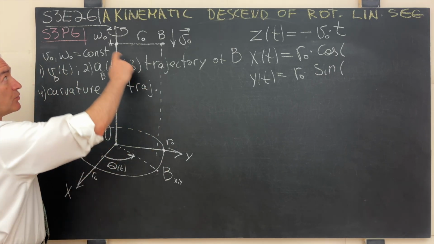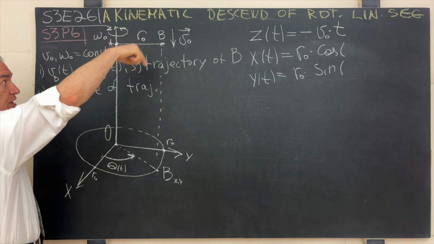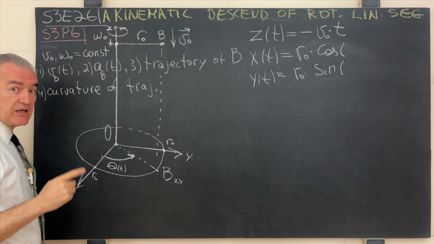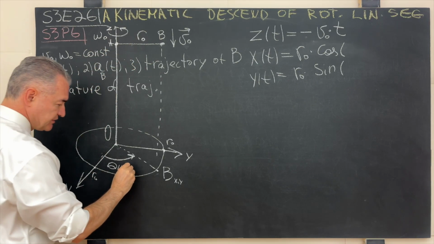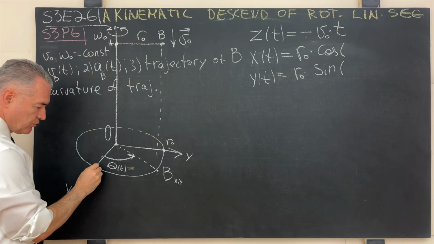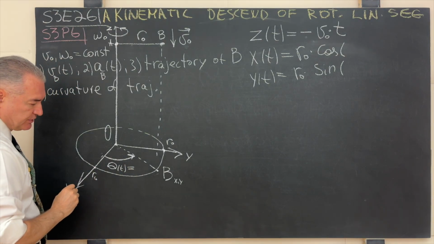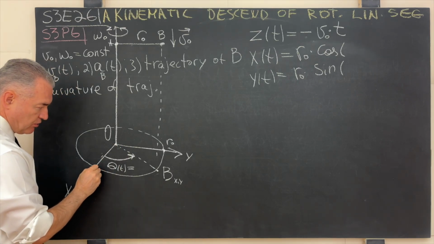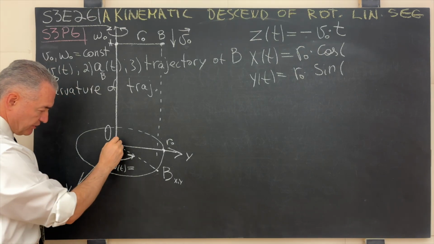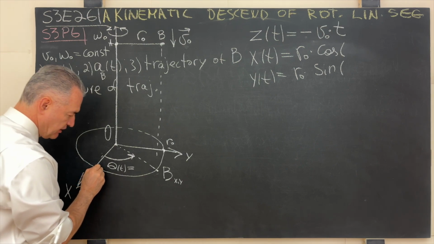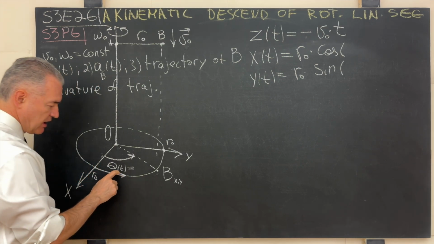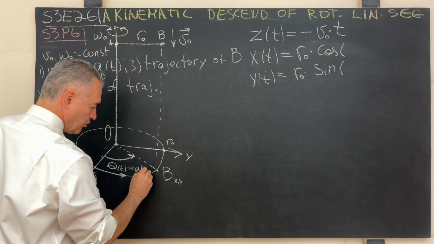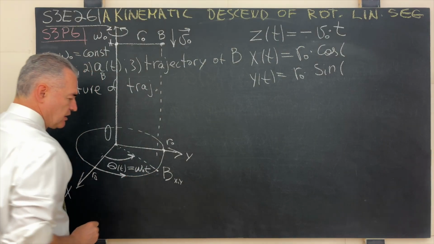In which way? Well, we're told that the rotational motion of the point B is uniform. That means that the angle by which our point rotates with respect to, let's say, the positive branch of the x-axis in this direction after time t will be given by omega 0 t.